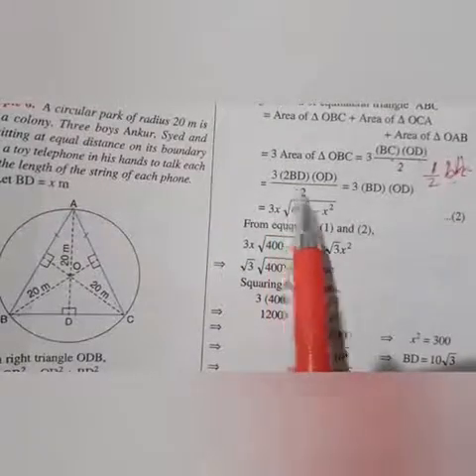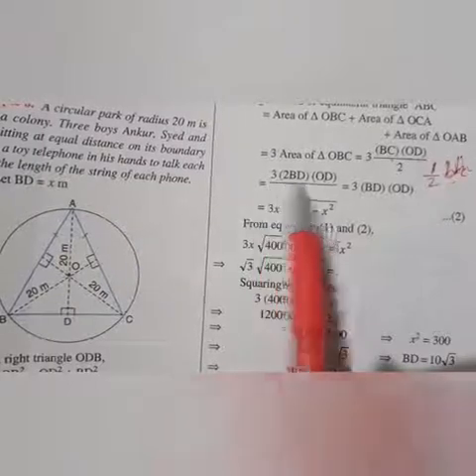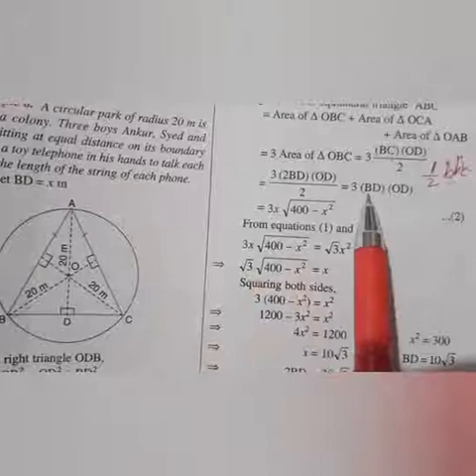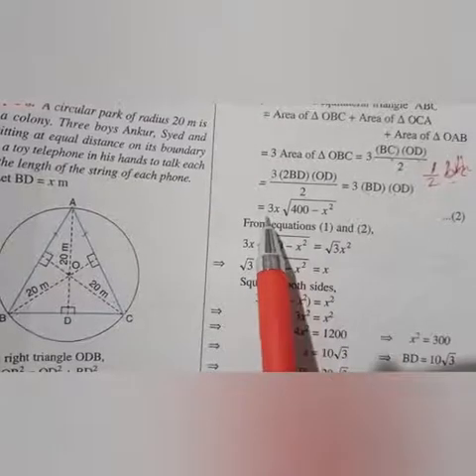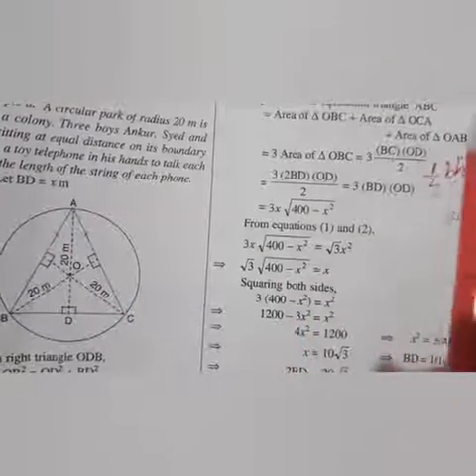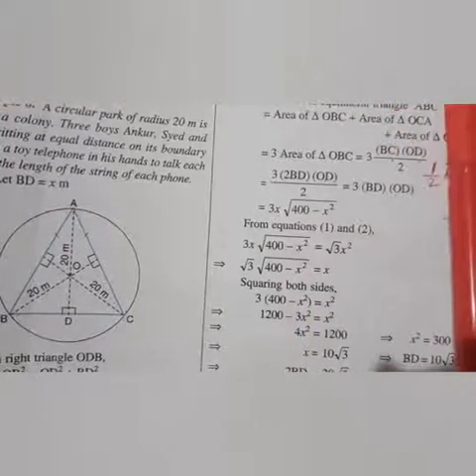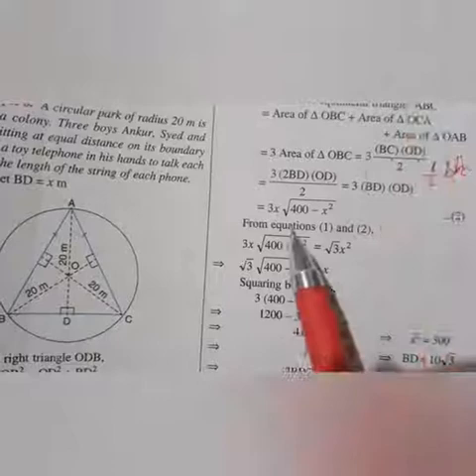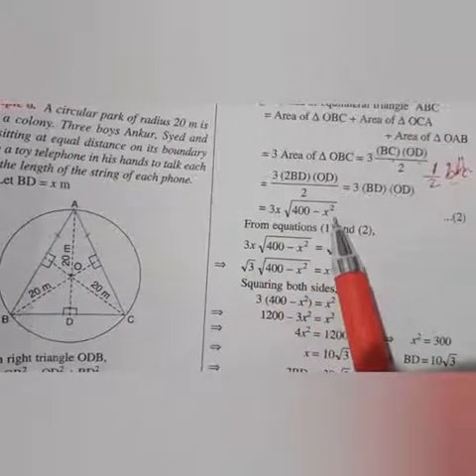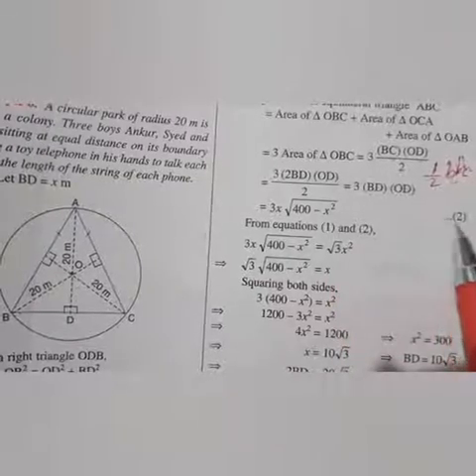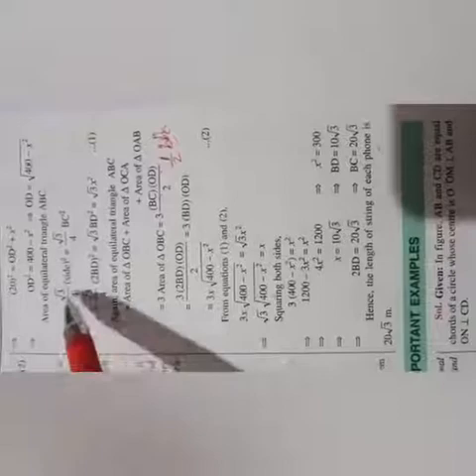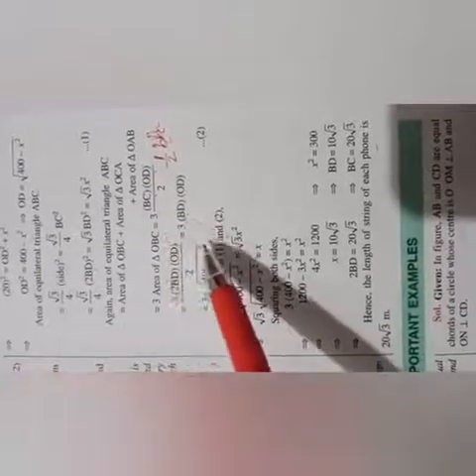We can cut these 2 and 2 and we get 3BD into OD. Substitute BD as x, and OD we already found as root 400 minus x square. So 3x into root 400 minus x square. This is equation 2.